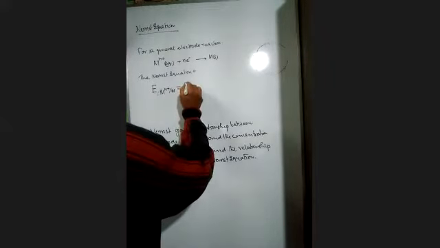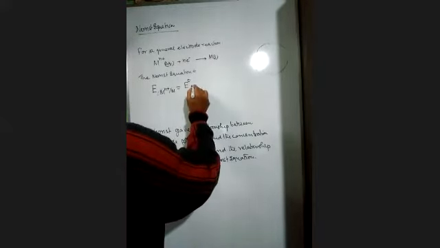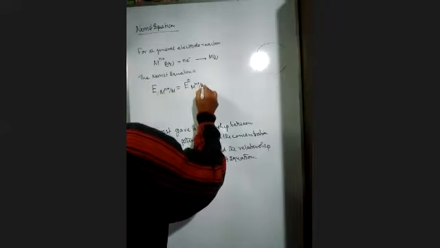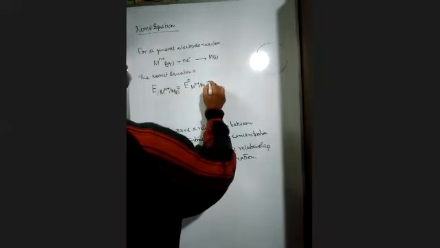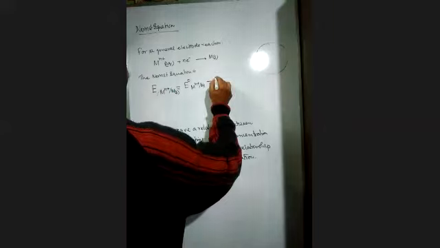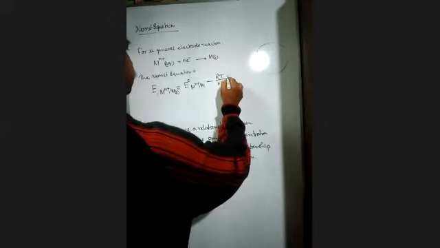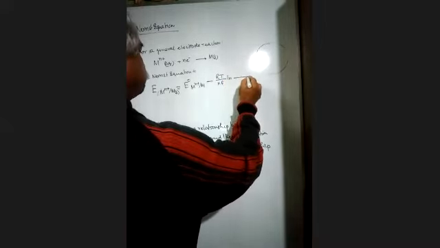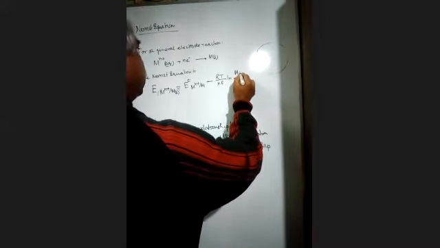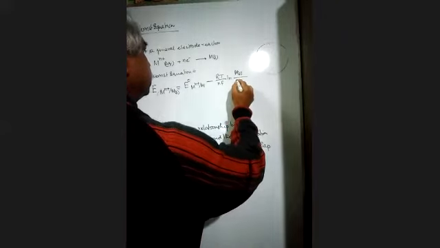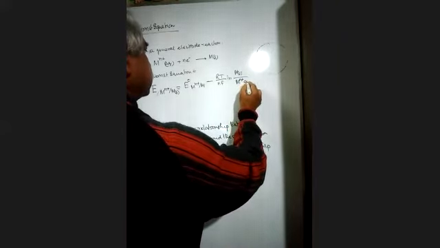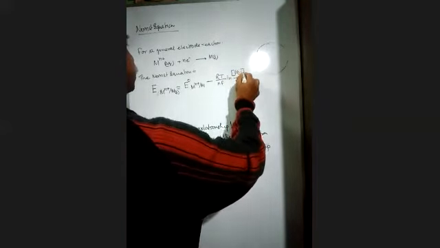Equal to E0(Mn+/M) minus RT/nF ln [M(s)]/[Mn+(aq)]. I have to put the concentration of both of them. So this is the Nernst equation.